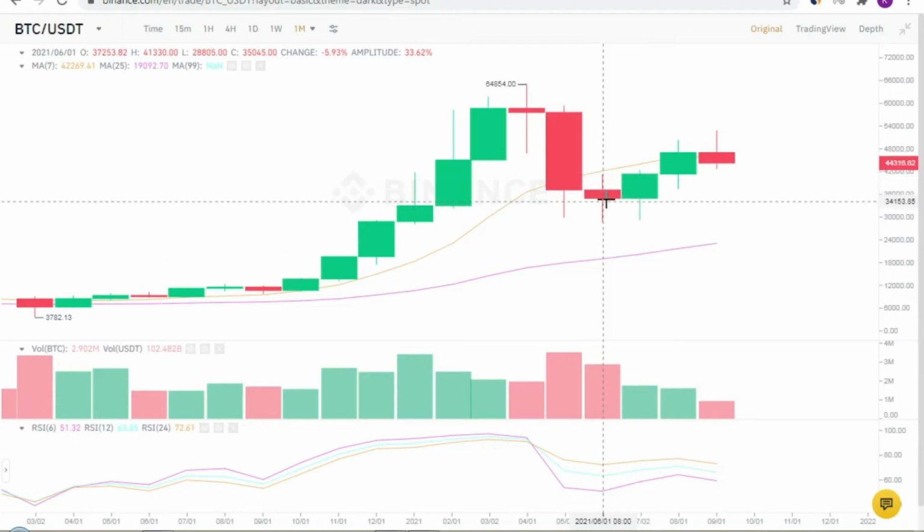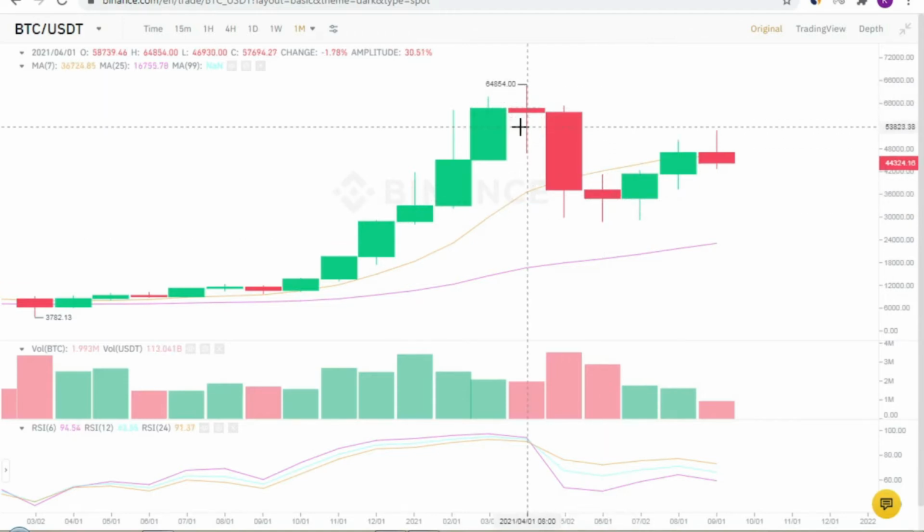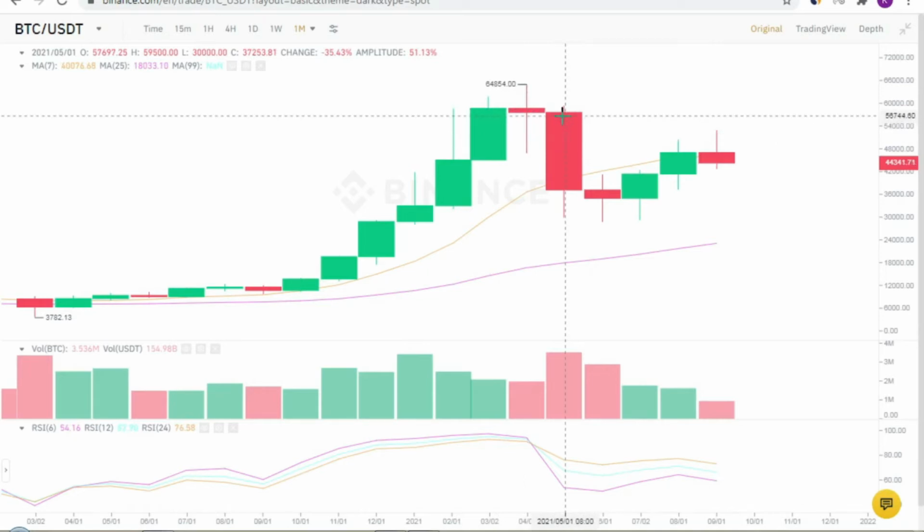Here we see there was a bit of indecision. Here the decision was made because the bigger body indicates that the selling pressure was higher than the buying pressure. So there was a lot of selling taking place here. That's what happened here.